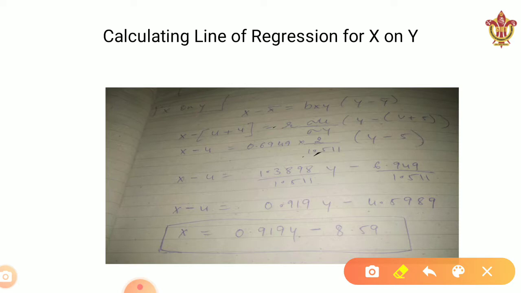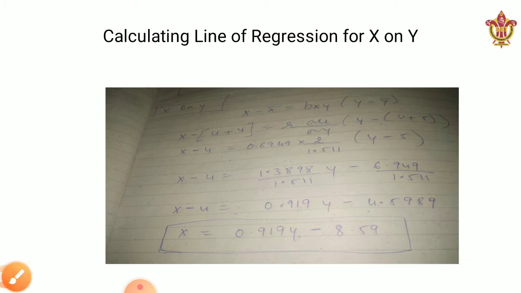When you solve each and every step in detail, you will find that all these values have been calculated. You just need to substitute them in this step. This is the last step, in which we calculate the line of regression by just substituting the values. When you substitute these values, you will find that x equals 0.919 y minus 8.59. So this is the formula for calculating the line of regression for x on y.